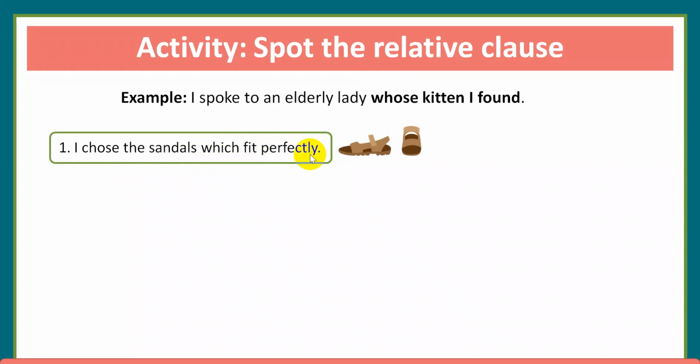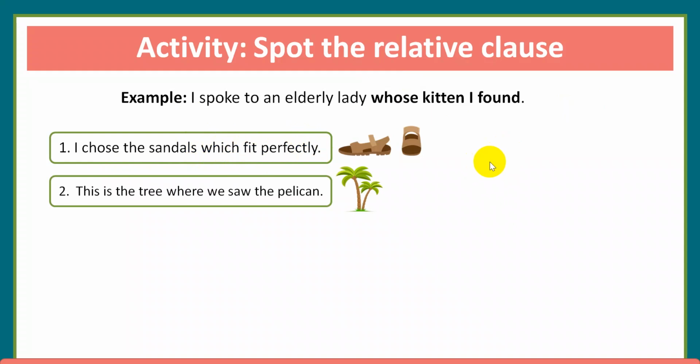"Which fit perfectly", and "which" is the pronoun. Another example: This is the tree where we saw the pelican. "Where" is the relative pronoun, and the part that follows is the relative clause, "where we saw the pelican".